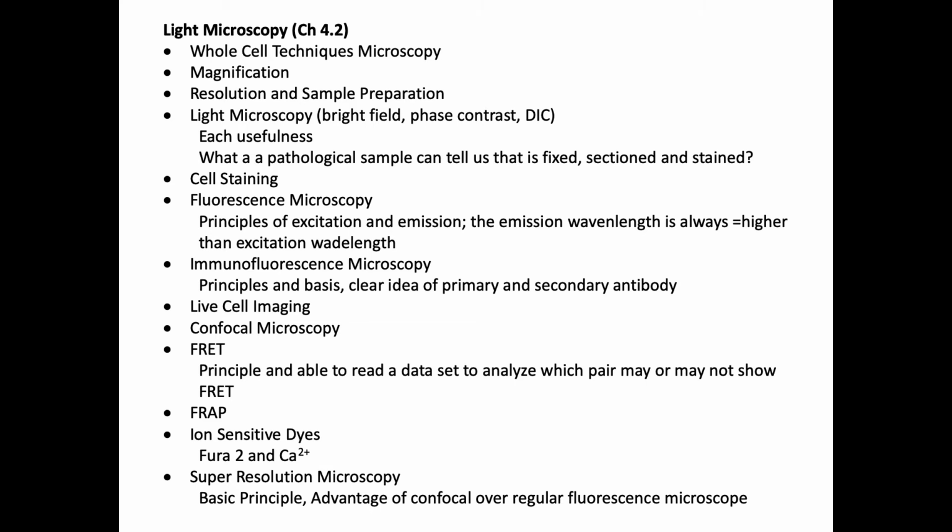Live cell imaging, confocal microscopy, mainly the confocal and deconvolution microscopy. Just know the advantage that you are getting over your fluorescence. The main difference for the confocal is that you are using just one specific focal length, and you are allowing the light from a very specific focal plane to enter your projection lens.